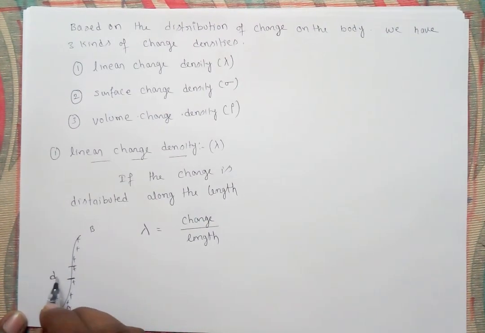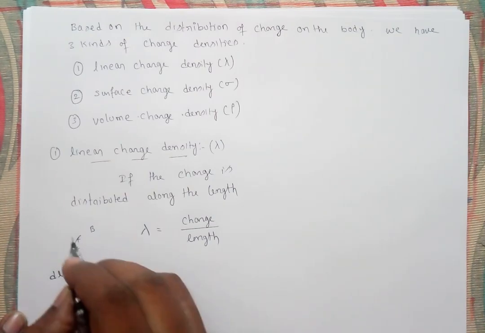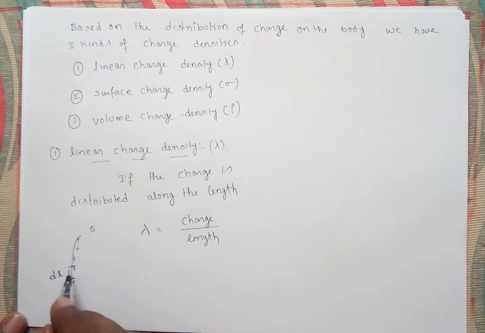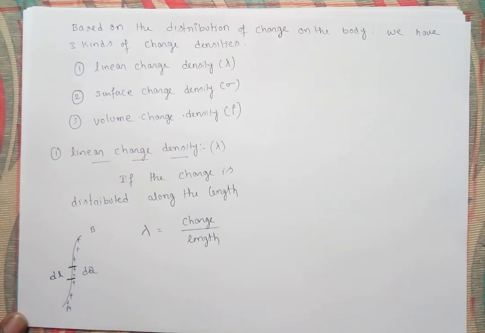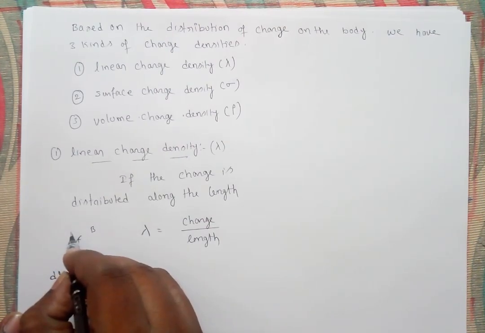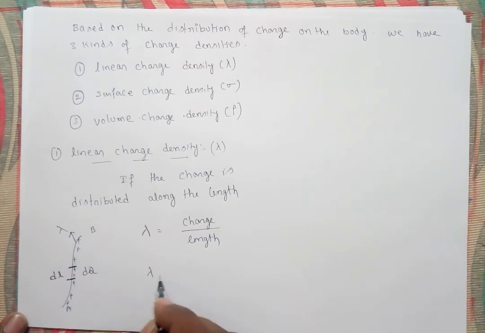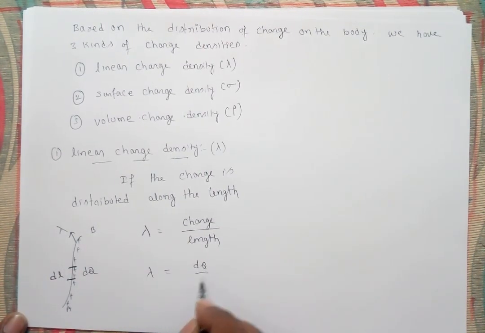If you take a small length element dl, having a small charge dq, then the conductor having linear charge density lambda means lambda equals dq by dl.